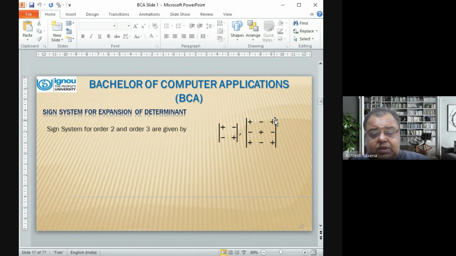If somebody wants to do it across a row, the same thing will be there. First one is plus, second one is minus, third one is plus. I request everyone to follow this method because it is an easier method and conventionally accepted everywhere.